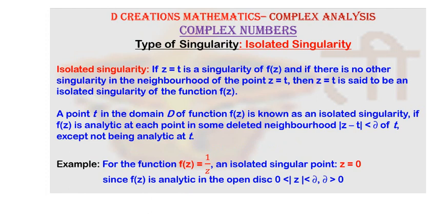So delta obviously is positive. So 1 upon z has an isolated singularity at the point z is equal to 0. So in simple terms, had z been equal to plus 1 or z been equal to minus 1, even at these 2 points, the function was analytic.